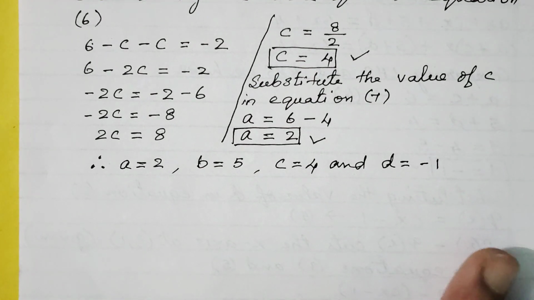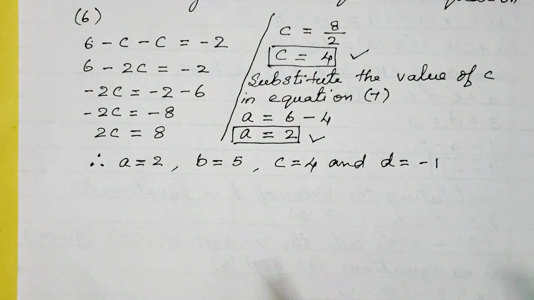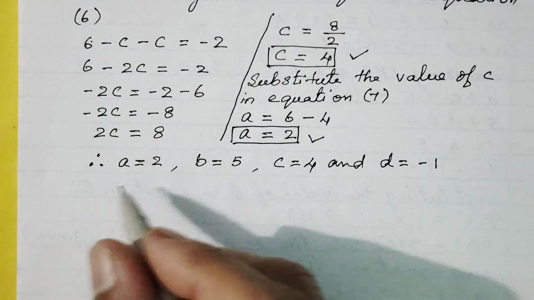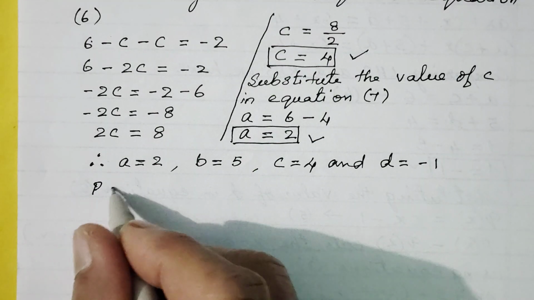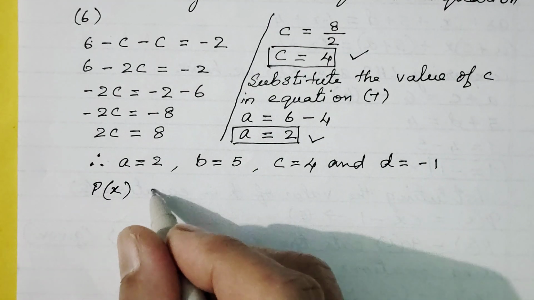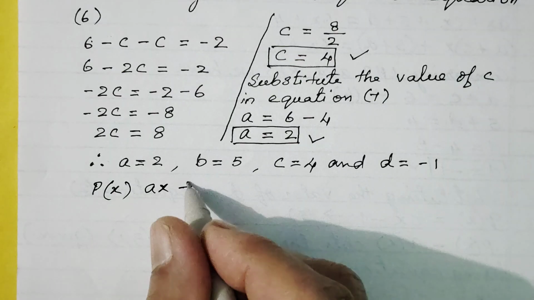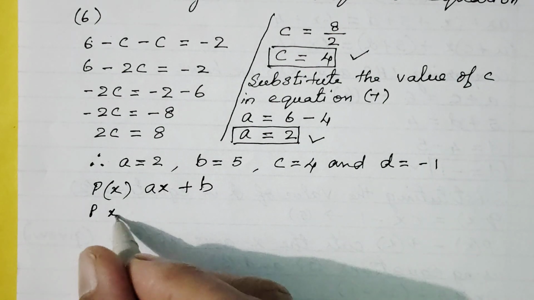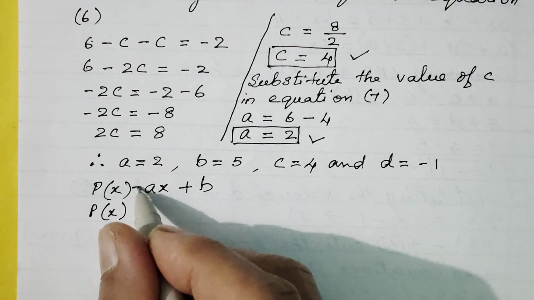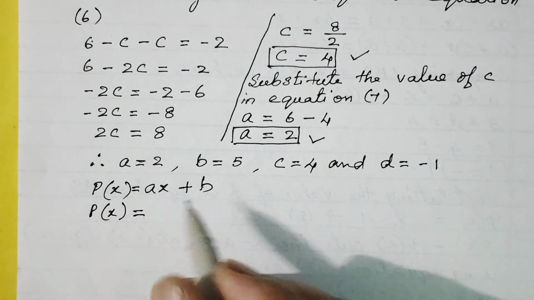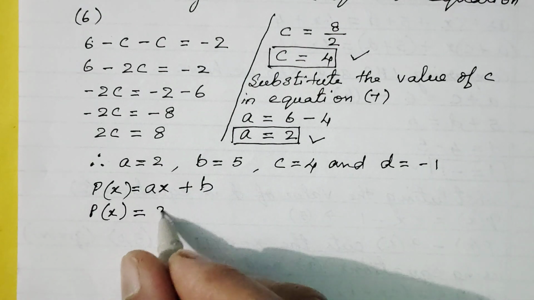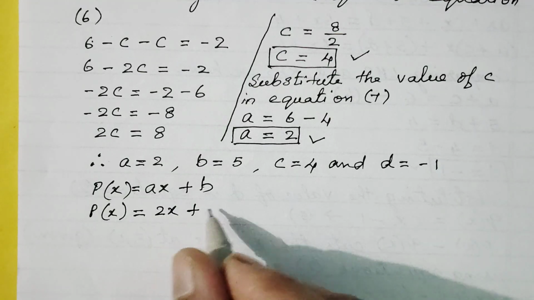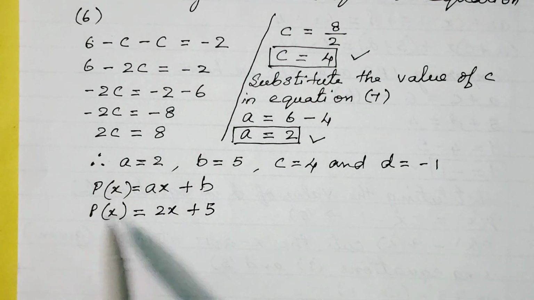So now we can find the required polynomials. Now P(x) equal to ax plus b. So P(x) will be equal to, value of a is 2, so it will be 2x plus 5. This is P(x).